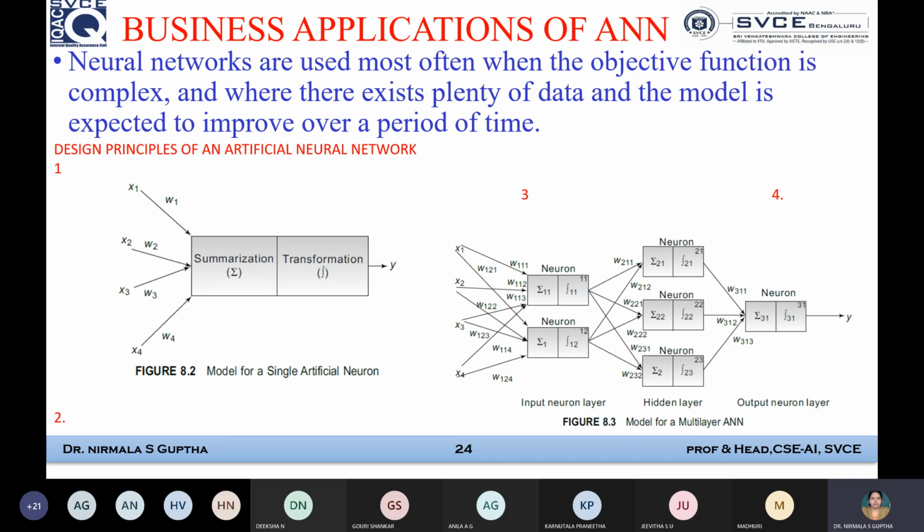Similarly, this transformation or transfer function is a function, a block for summation and transformation. It can be any function that is suitable for the task we are trying to handle at that particular moment.